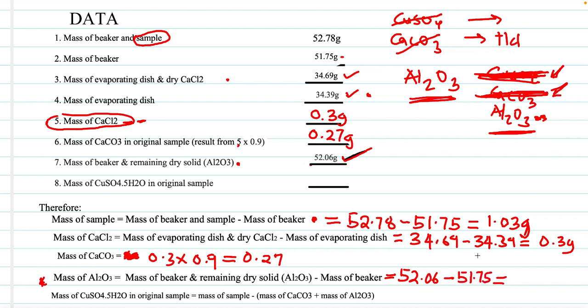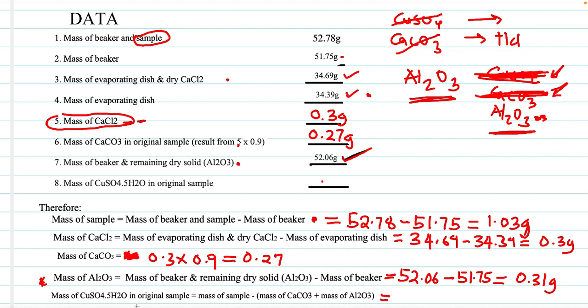So this becomes 52.06 minus 51.75 is equals to 0.31 grams. Okay, so we've gotten the mass of aluminum oxide to be 0.31 grams. All right, we want to get the mass of this so that we can fill it up here.